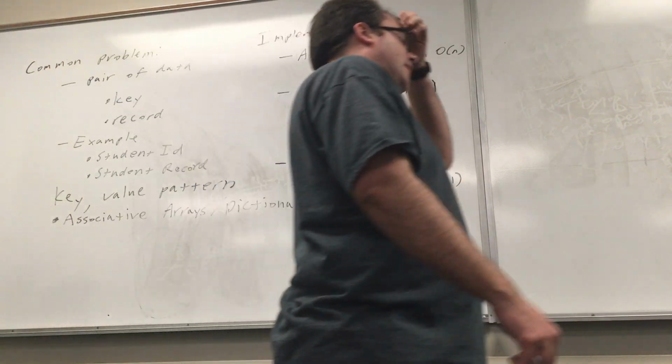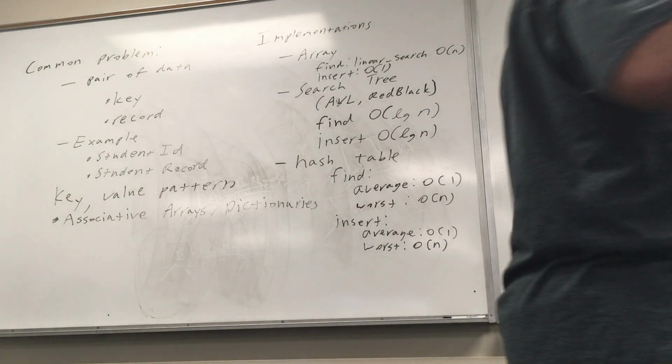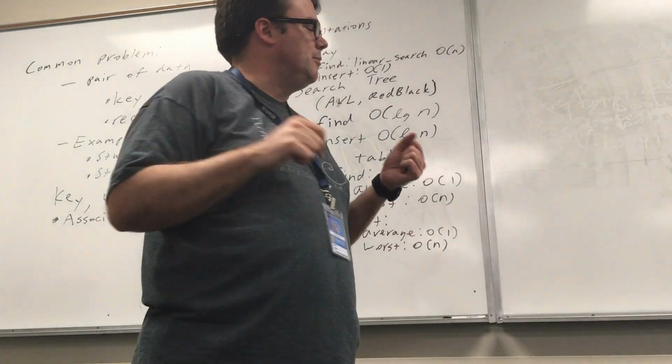Now there's another consideration to take into account too, which is that most of the time these keys are things that are expensive to compare. Like strings are expensive to compare. You have to compare character by character in a string. So if I have strings that are 50 characters long, they take 50 steps to compare. So we have to keep that in mind too, that hashing can be a little bit more efficient.